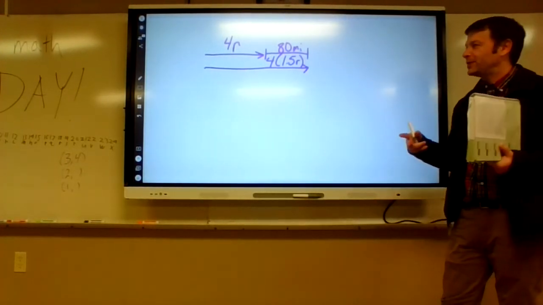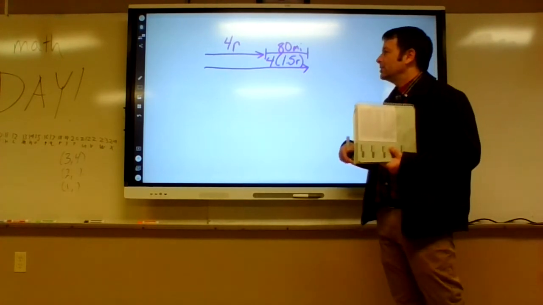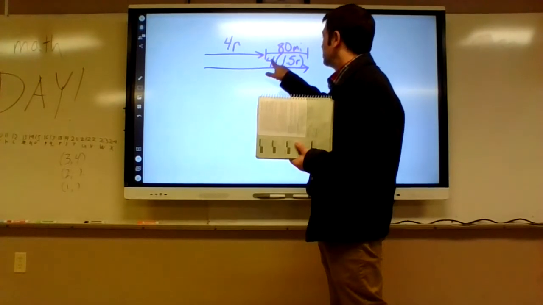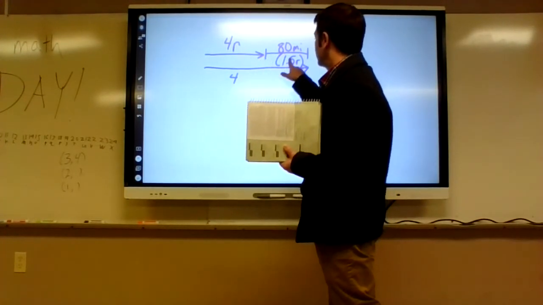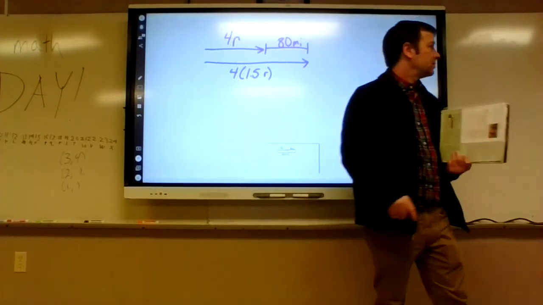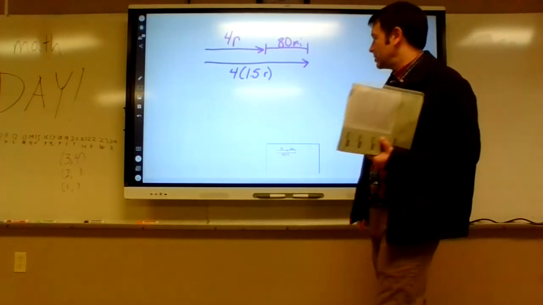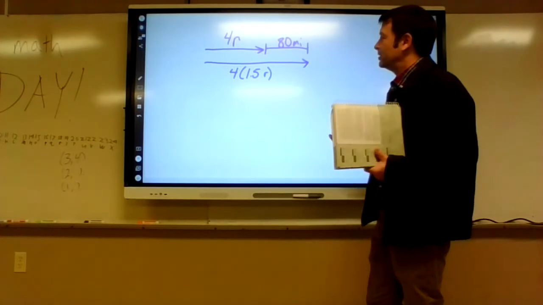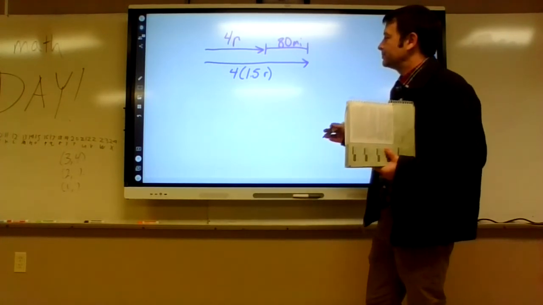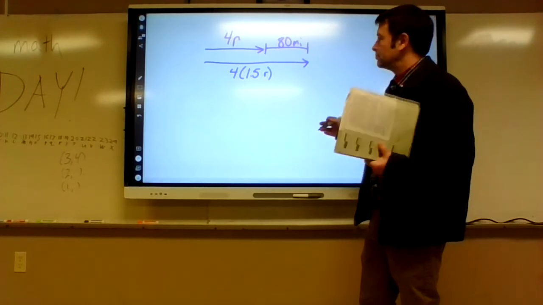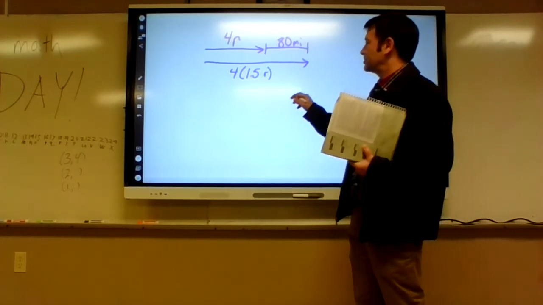I wish I wouldn't have written it over there. Can I move this stuff? How do we set up the equation? Like we normally do. Yeah, it's pretty normal, but it's a little bit different though.